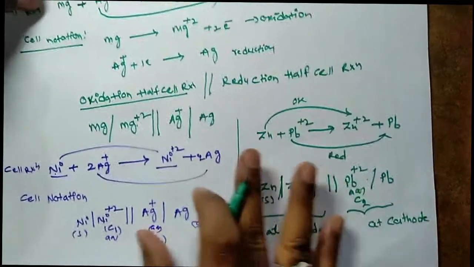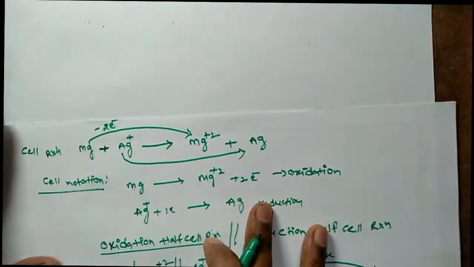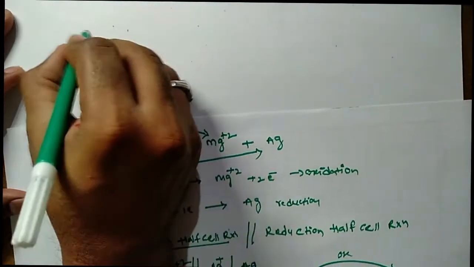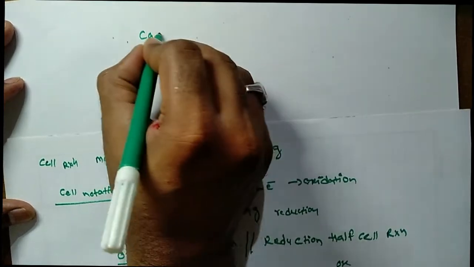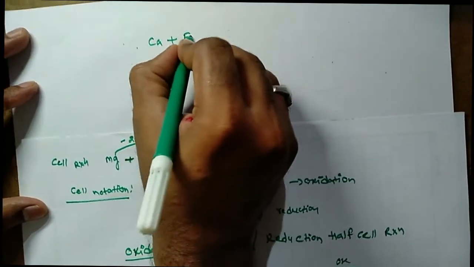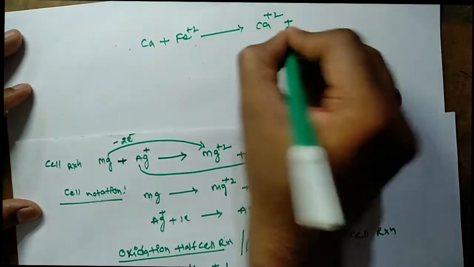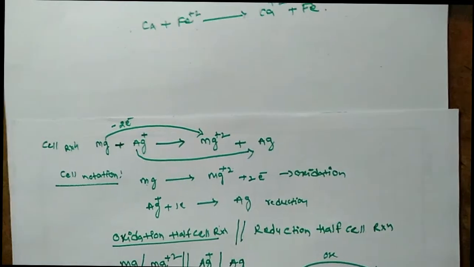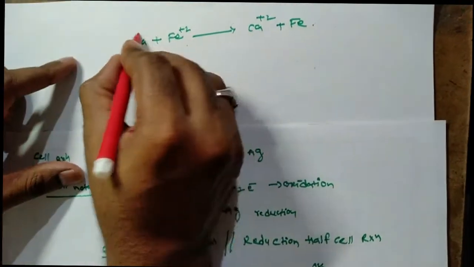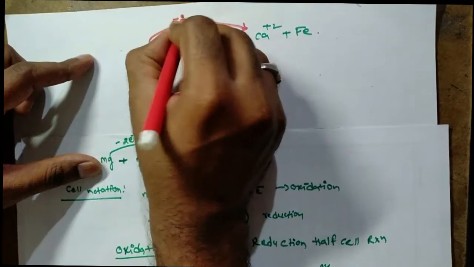So once again I give another example. Look at here. Ca + Fe2+ gives rise to Ca2+ + Fe. Now see here, calcium is at the anode, calcium loses electrons, loss of 2 electrons.